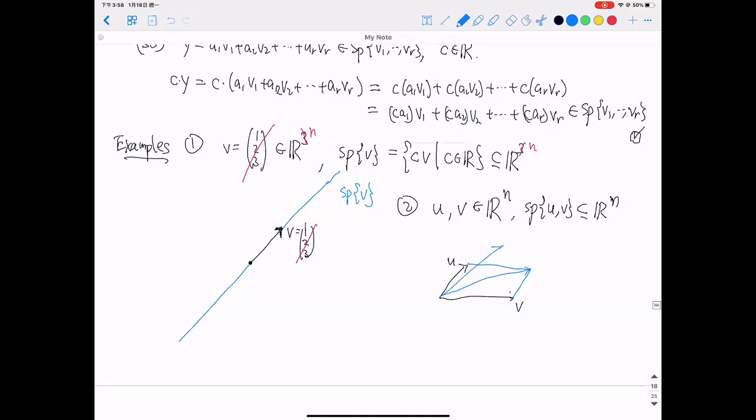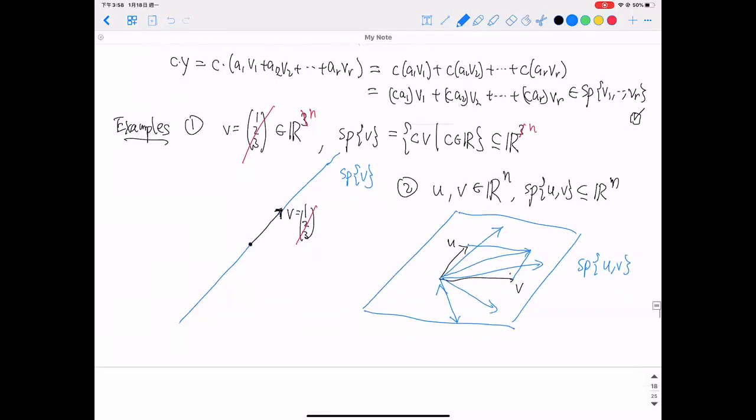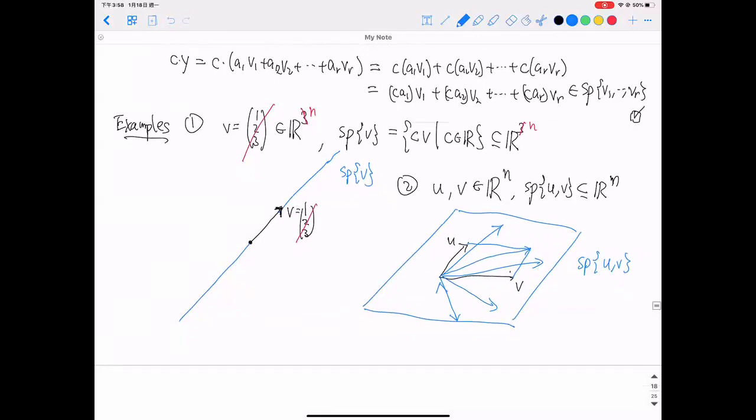So that will allow you to go in all sorts of directions. In fact, the span of u and v is the whole plane here.